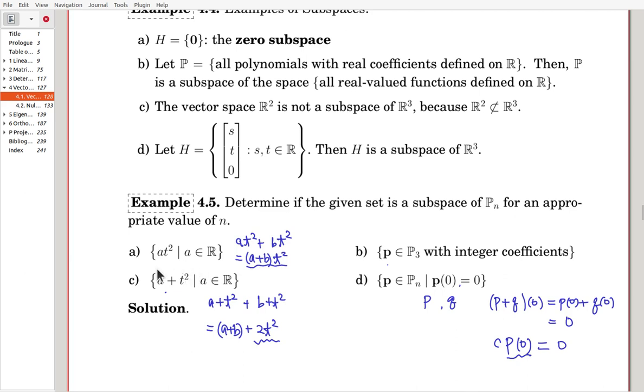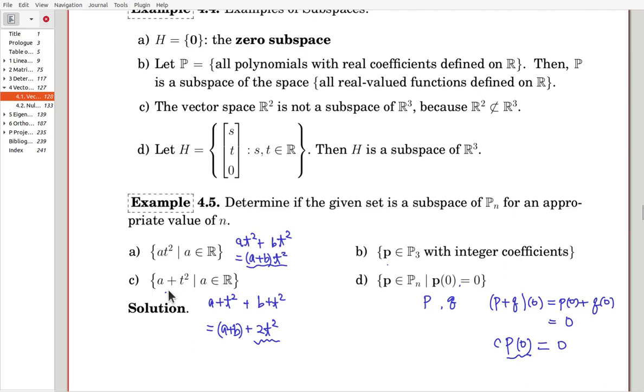Now we didn't check if 0 is inside the set for the others. For that one, if we choose a equals 0, then 0 is inside, right? And for this one, 0 is inside, since 0 is an integer, so 0 is included.